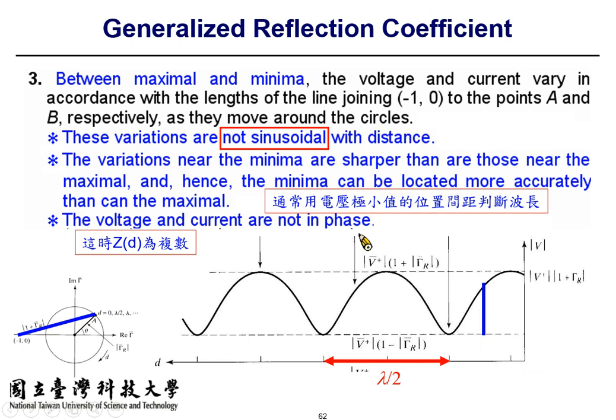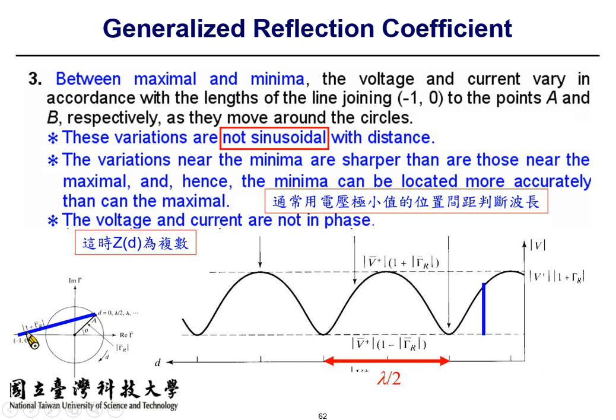All right, the third thing about the total voltage and total current variation is that the separation distance between voltage maximum or voltage minimum or current maximum, current minimum is half a wavelength.